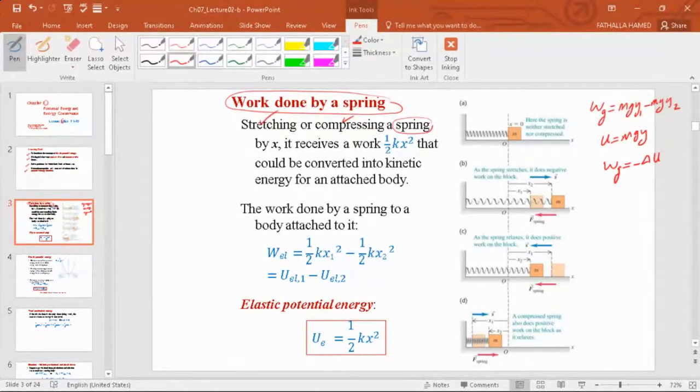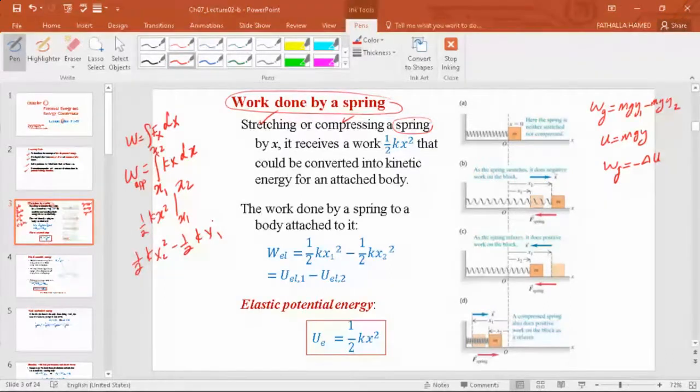If you recall in chapter number 6, when we looked at the work done by a varying force, we said it's equal to the integral of F dx, which is the integral of kx dx, going from x1 to x2, and we looked at the work done applied here on the spring, and we said that this is equal to 1/2 kx squared going from x1 to x2, so it's 1/2 kx2 squared minus 1/2 kx1 squared.